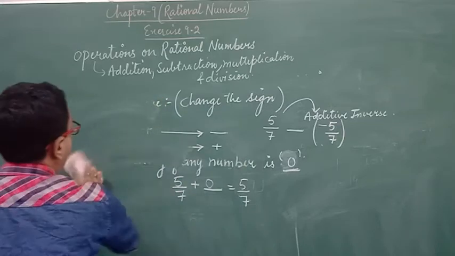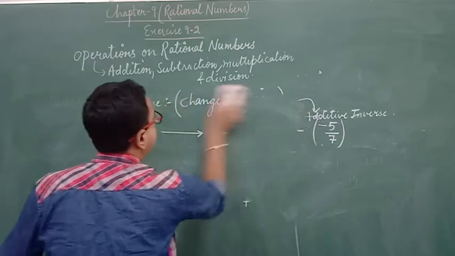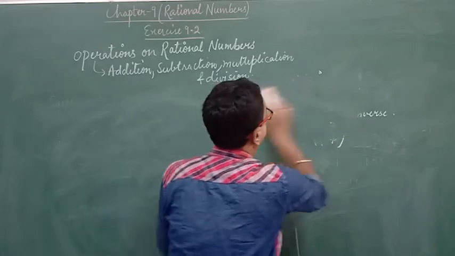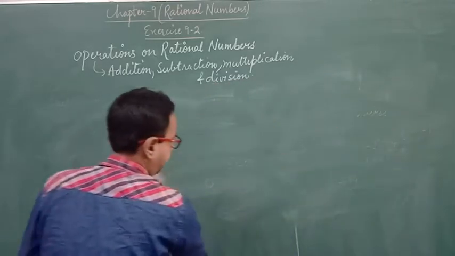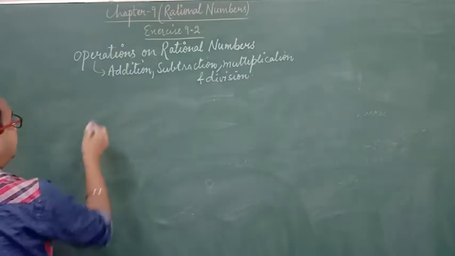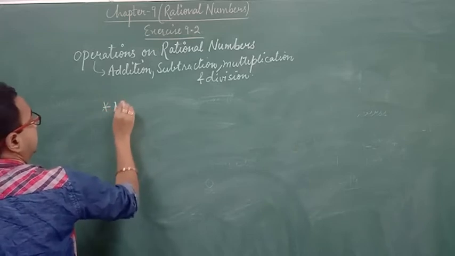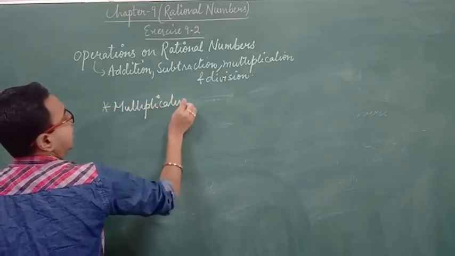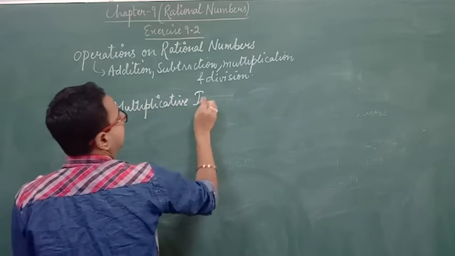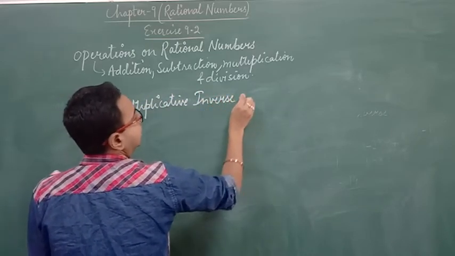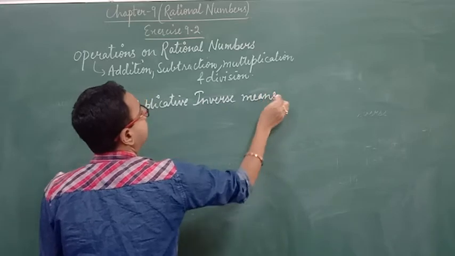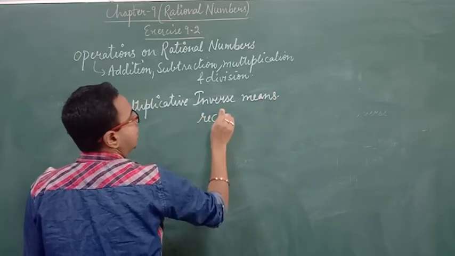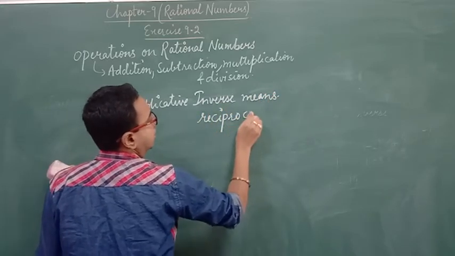Similarly, we have multiplicative inverse and multiplicative identity also. Let's see that. Multiplicative inverse first. What do you mean by multiplicative inverse? Multiplicative inverse means simply, do remember the rule, reciprocal.